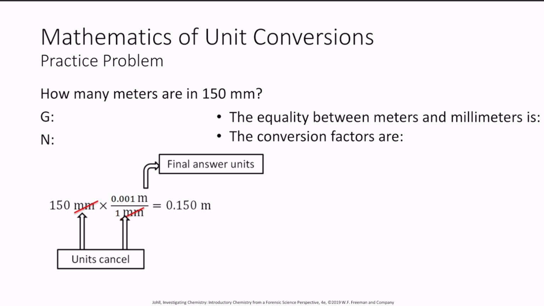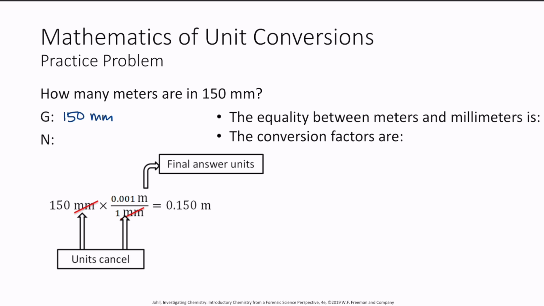Generally, if that's the case, you have one given and the rest are conversion factors that the problem provides for you. But in this one, it's a pretty simple one. So we have 150 millimeters. Notice that I put both the number and my units. If you don't write your units out, you can't tell where it is that you're trying to go.